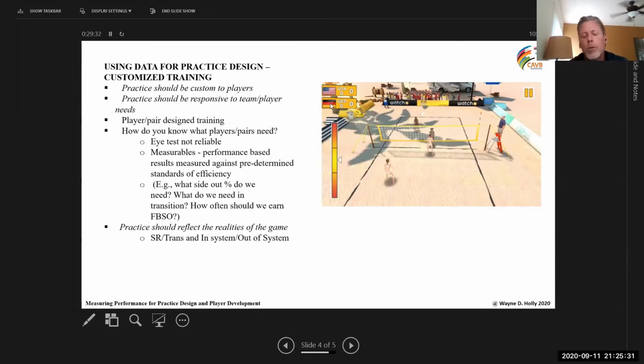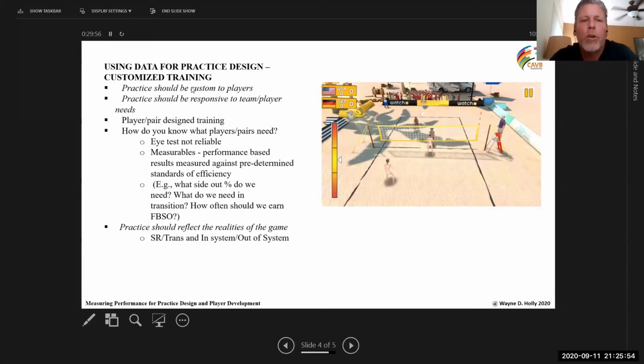This concept of group training, where everybody passes and then everybody receives and then everybody sets and then everybody serves and then everybody sides out and then everybody goes home, is probably not the best thing for each of those people, because some of them have strengths and weaknesses that dictate more or less training in particular areas.